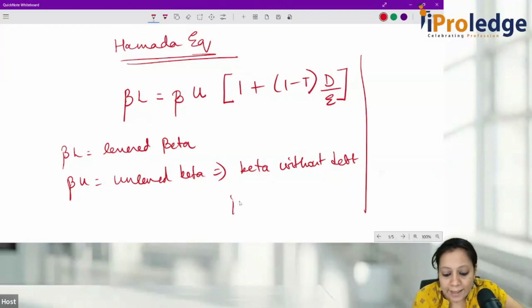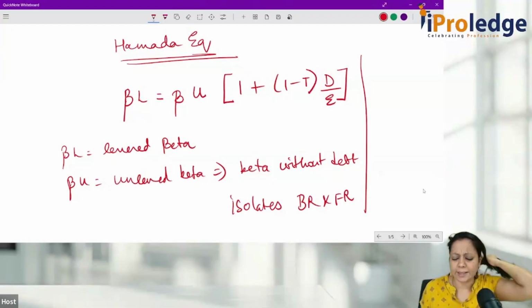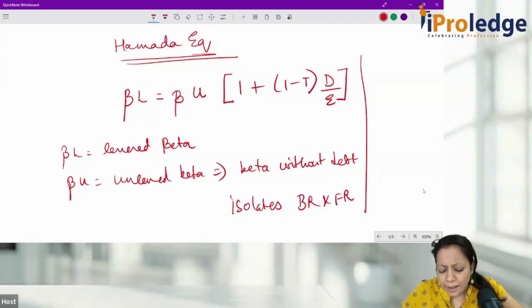So basically, it isolates business risk and financial risk. Why do we say that? In unlevered beta, there is no interest. Interest is a financial risk. We have discussed that just now in financial leverage.